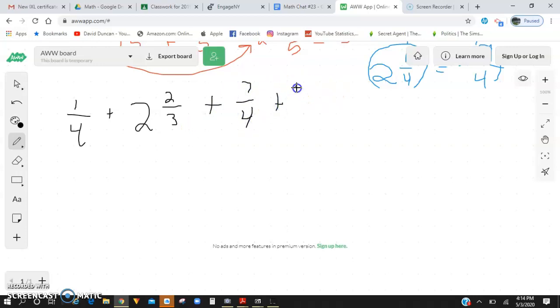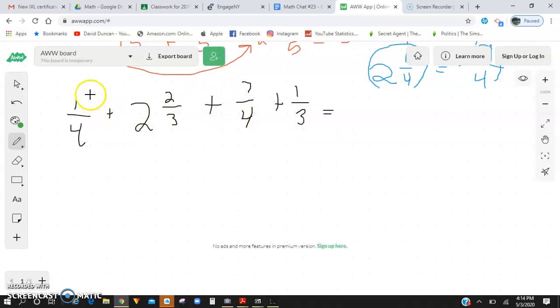Alrighty, so I'm going to start you guys off by helping you rearrange these fractions so that they are strategically placed. There are no negative signs or subtraction signs in this problem, so I can rearrange these any way I want. That rule I just told you only goes with subtraction.